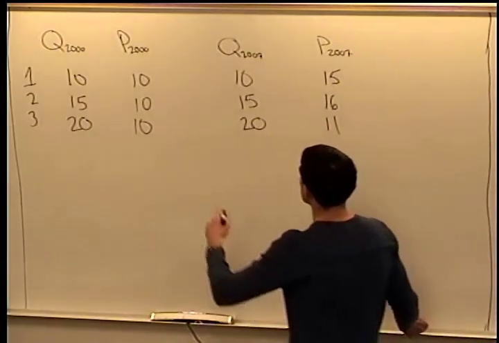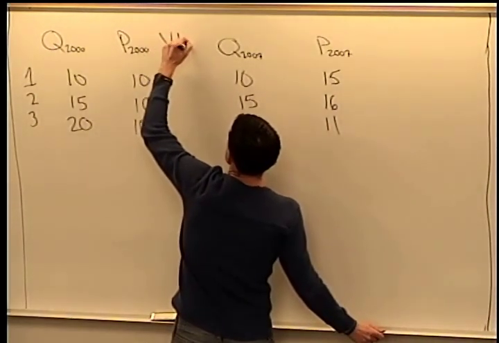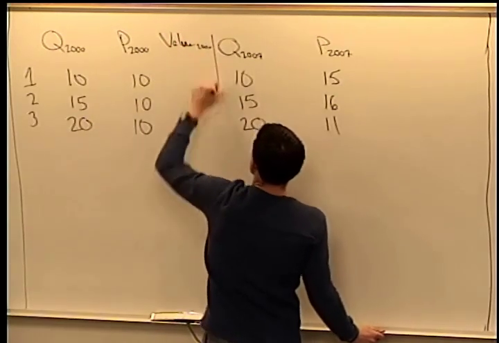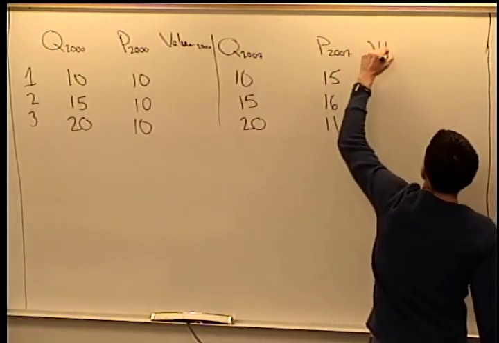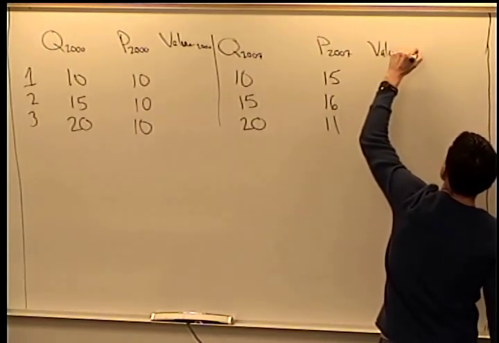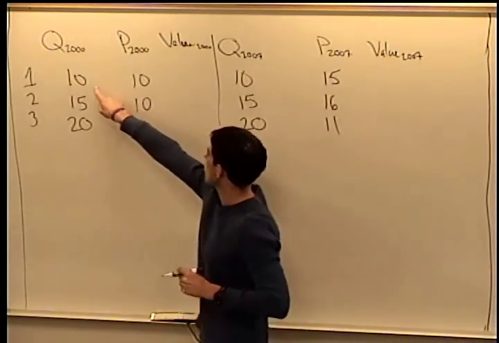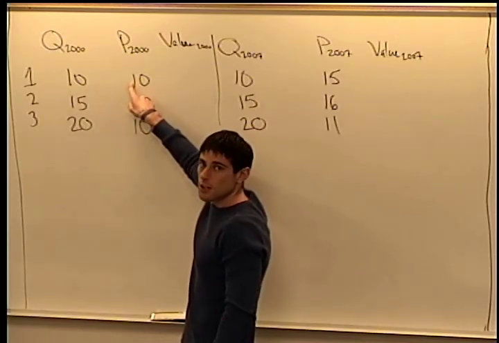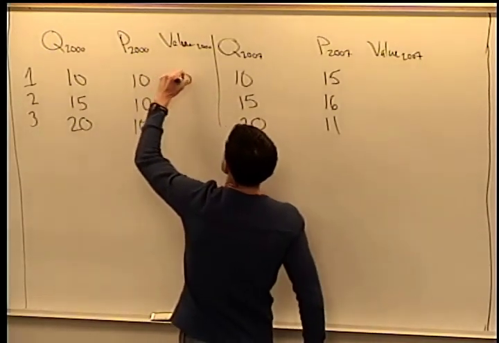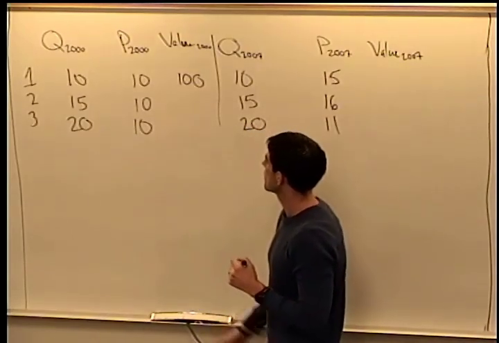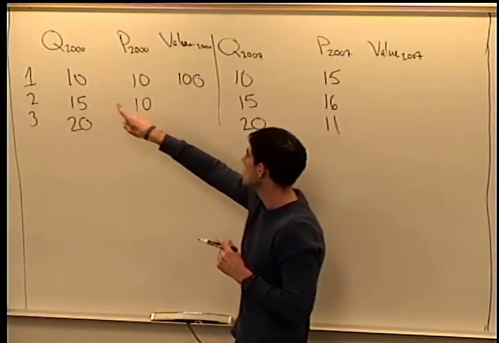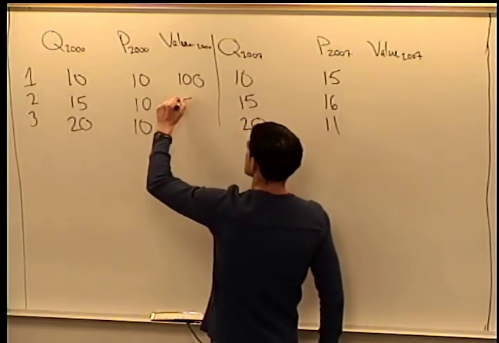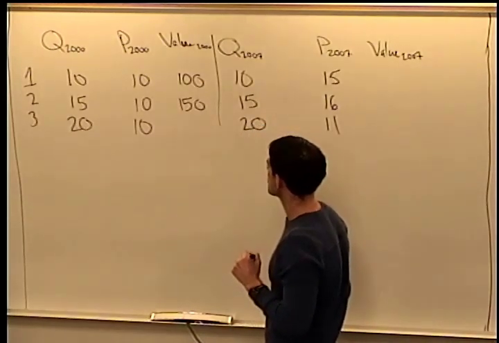So here we're going to get the value in 2000 and the value in 2007. For good 1, we produced 10 of them. They were valued at $10 each, so we produced $100 in value of good 1. We produced 15 of good 2, and we valued each of good 2 at $10, so we produced $150 of value for good 2.